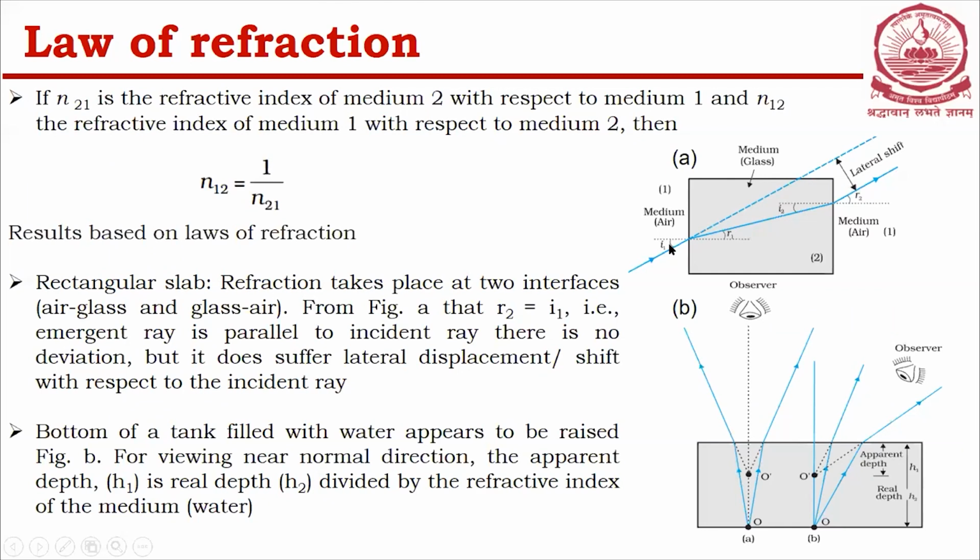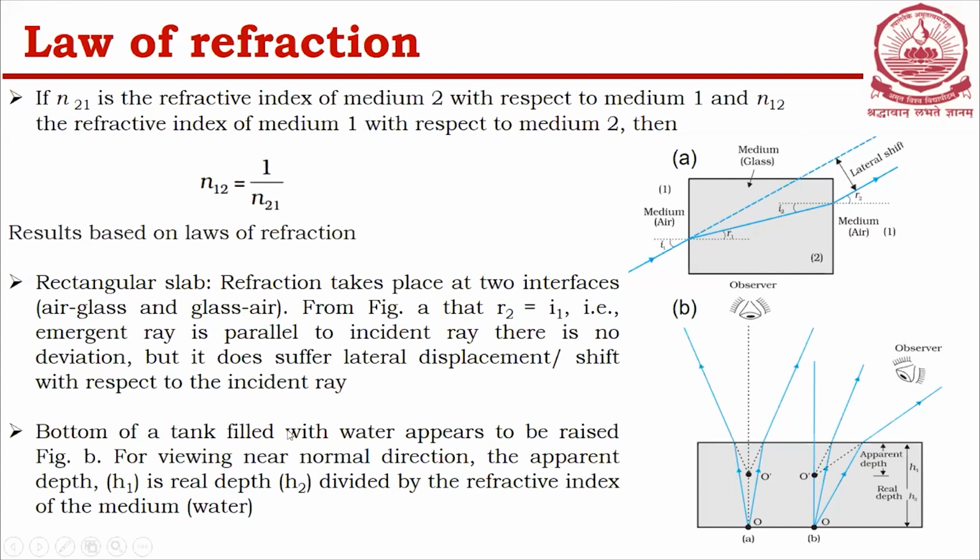So this emergent ray is parallel to the incident ray, but it is shifted. There is a lateral shift. That is because the second refraction takes place at this point, when the light ray goes from denser to rarer. Initially, it is rarer to denser, and then it is denser to rarer. This is one example of refraction.